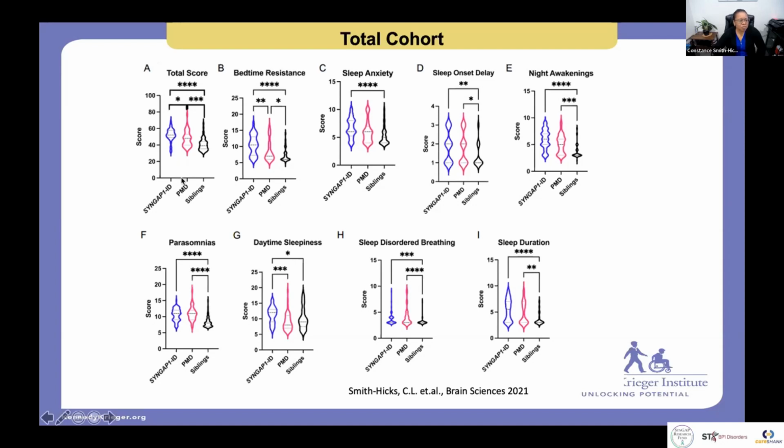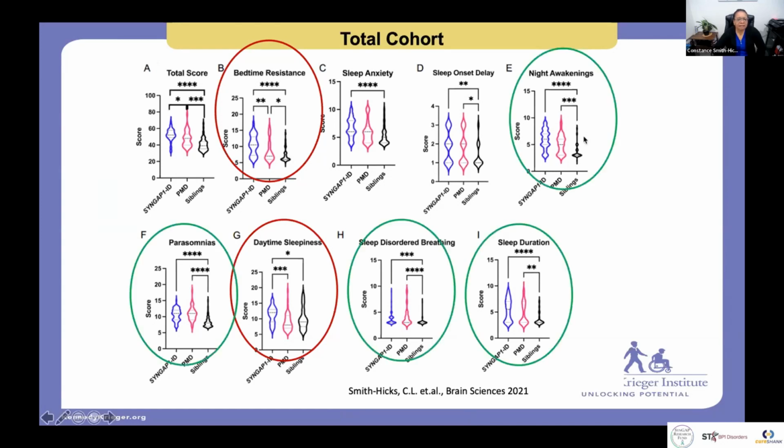This difference between Phelan-McDermott and SYNGAP1 seems to be driven primarily by differences both in bedtime resistance and daytime sleepiness, where you see that SYNGAP1 individuals had higher scores on both. We also noted that nighttime awakenings, parasomnias, sleep disordered breathing, and sleep duration were common problems in both SYNGAP1 and Phelan-McDermott individuals.